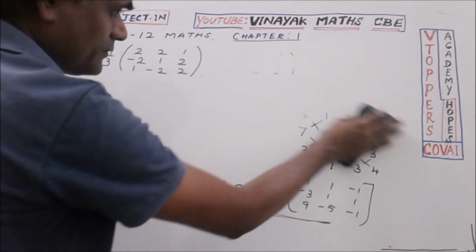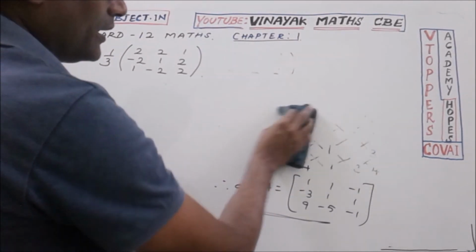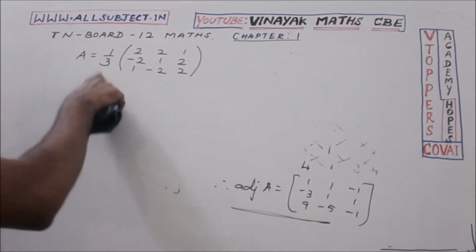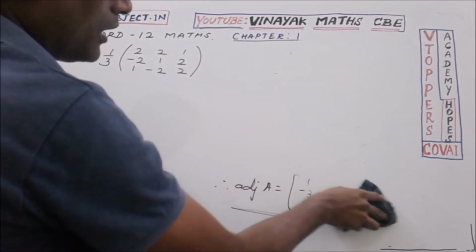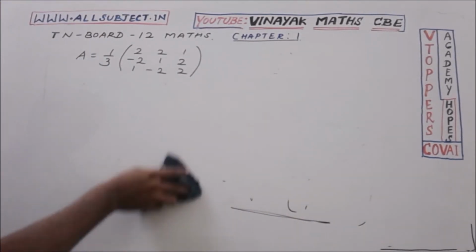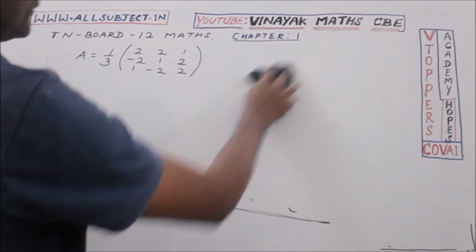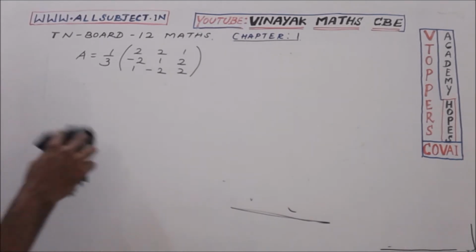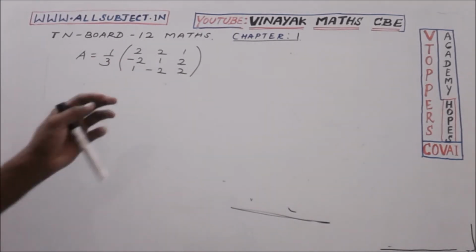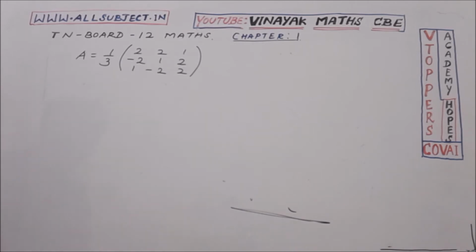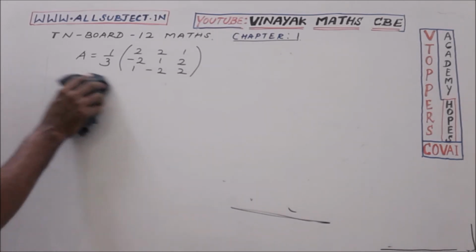How to calculate the adjoint of this type of matrix? Either you can multiply 1 by 3 inside, or we will go with the formula. You can choose either way. Either we can multiply 1 by 3 and then calculate the adjoint using the usual method, or you can use the alternate method.